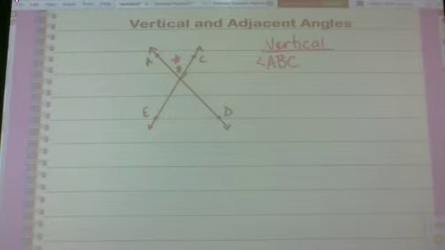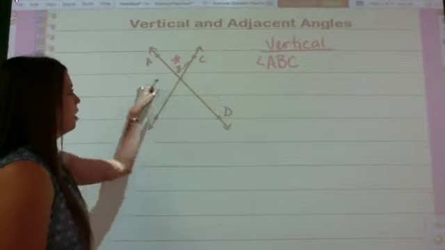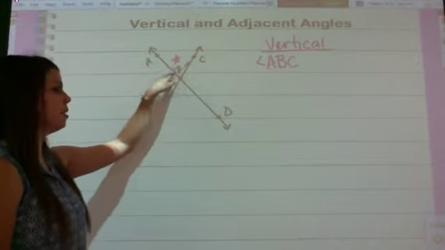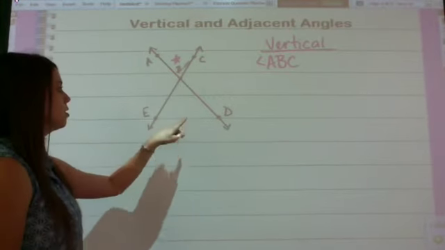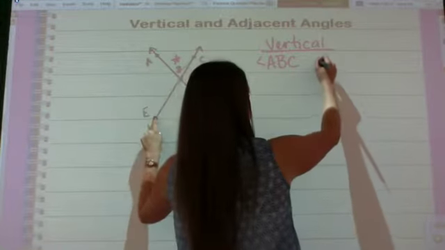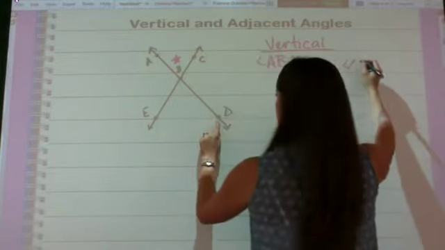It shares the same vertex, B is the vertex, and they are congruent. So if I take angle ABC and I ask myself, which one of these is going to be exactly the same as angle ABC? I notice that ABC is an acute angle, and so is angle DBE. So I could say vertical is ABC and angle DBE.